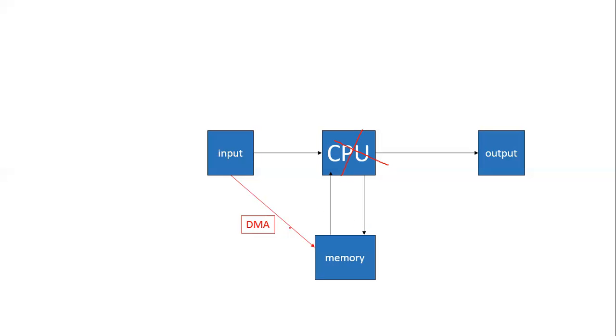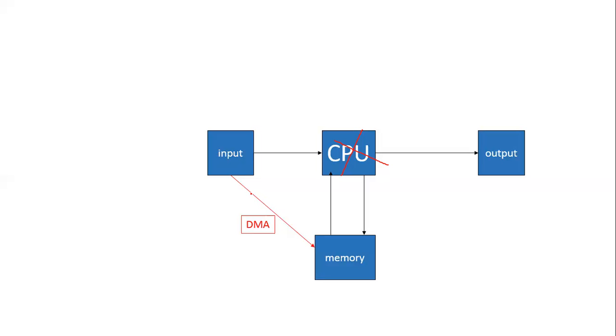During this DMA operation, please remember three registers. Please note down: three registers are mainly used. One is the source address, that is, the starting address.